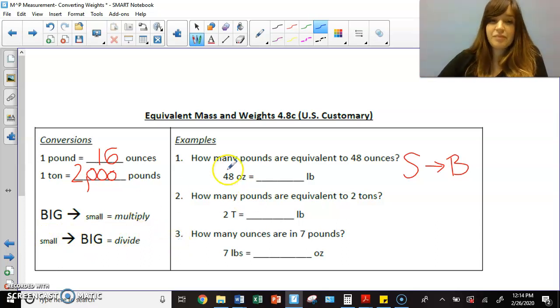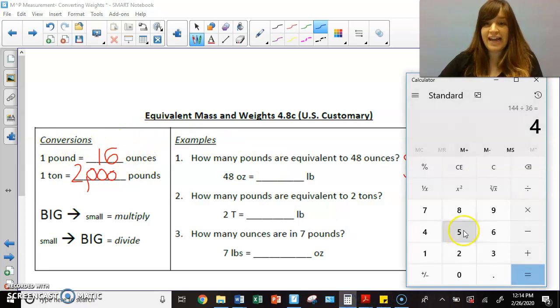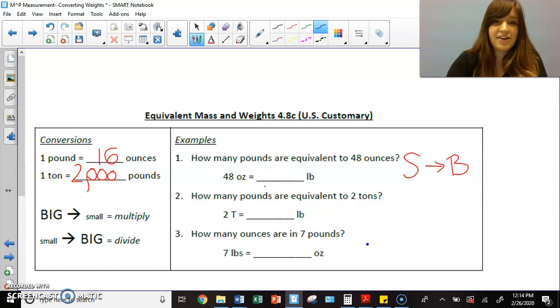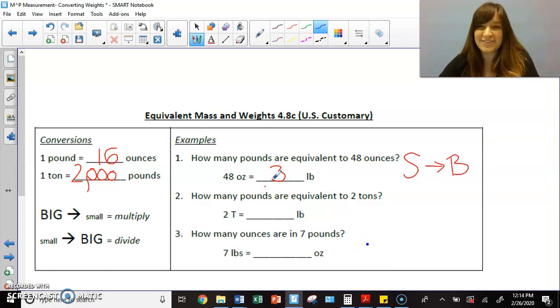I take my number, which is 48, and ounces to pounds, I know there's 16 ounces in a pound, so I'm going to divide 48 divided by 16, and I get 3. So that means that there are 3 pounds that are equivalent to 48 ounces.